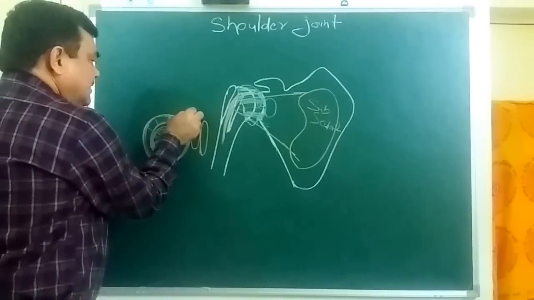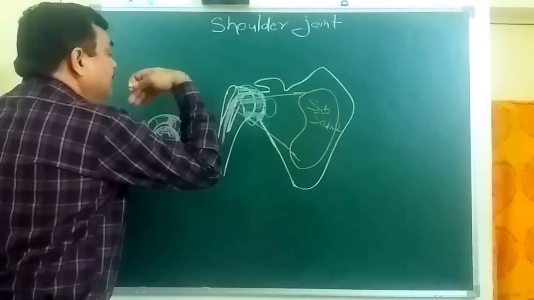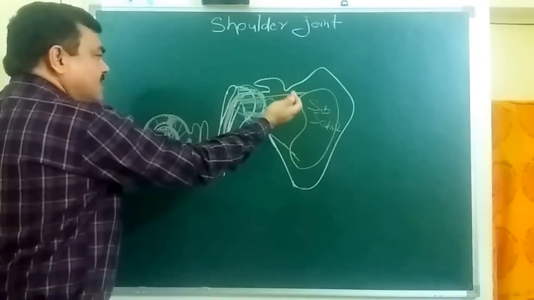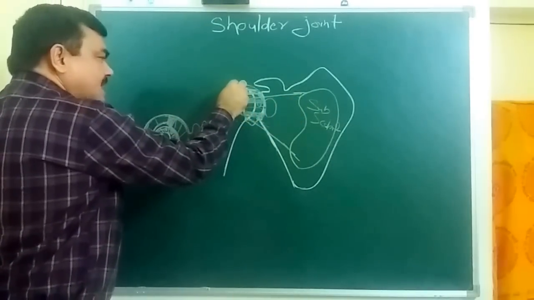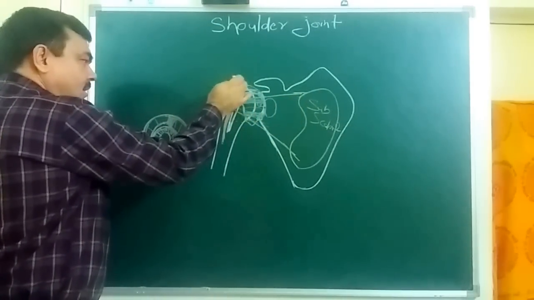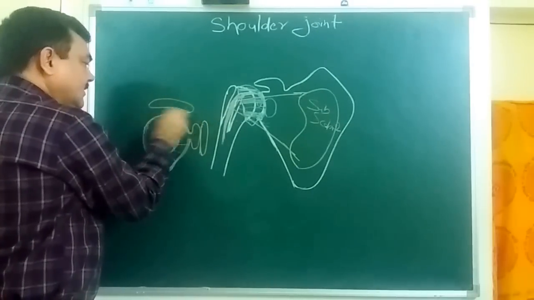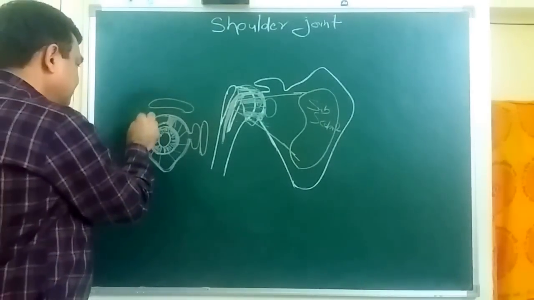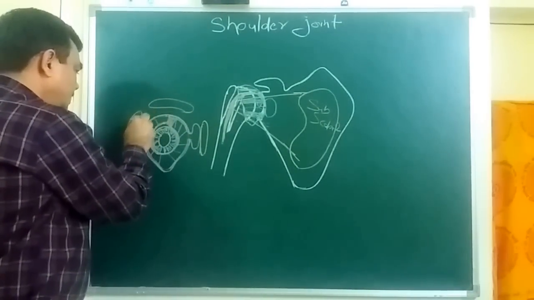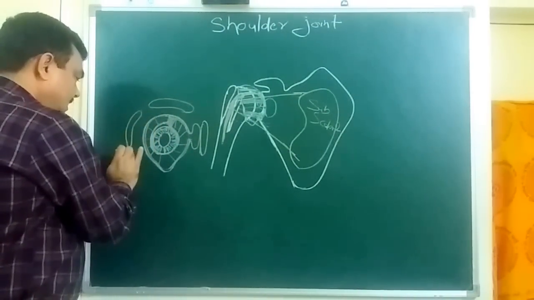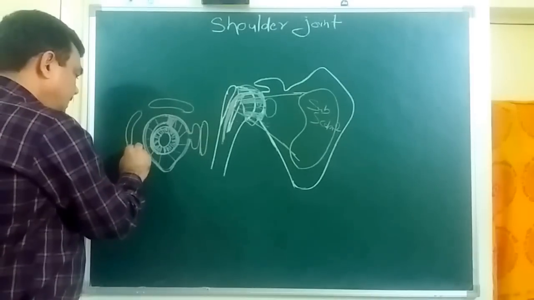And here are muscles lying behind on the posterior aspect of the scapula, which attach to the greater tubercle from above downward. These muscles are supraspinatus, infraspinatus, and teres minor.